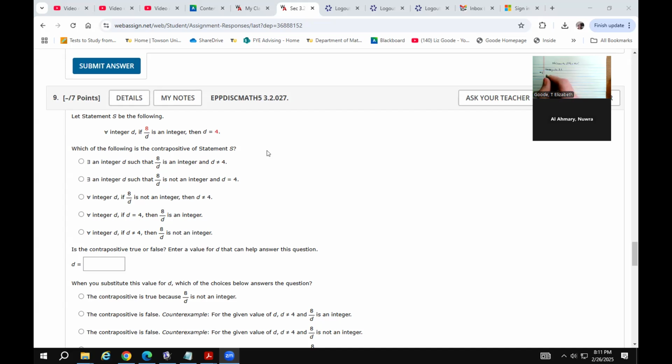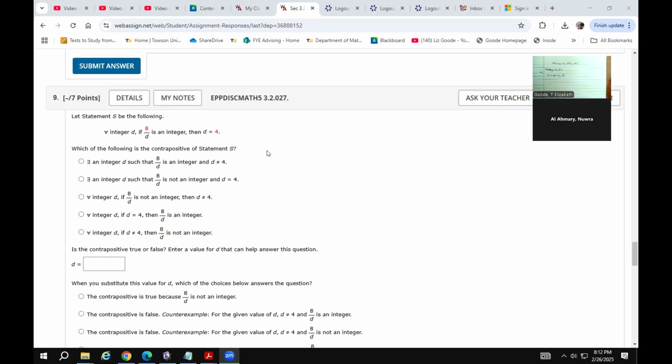They might put the number 6 over D, or they might put the number 12 over D. But the point is, they're saying for all integers D, or for each integer D, it kind of feels better to say each or every with the singular integer.